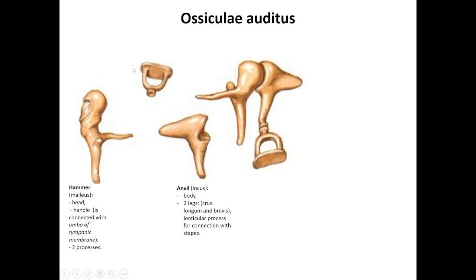Here it is, stapes. All three bones are connected with each other through articulations. And stapes, or stirrup, also has a head, limbs, these two limbs, this is head, and basis. And the basis is fitted in fenestra vestibuli.